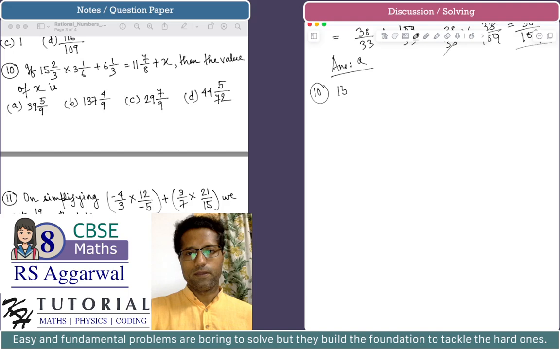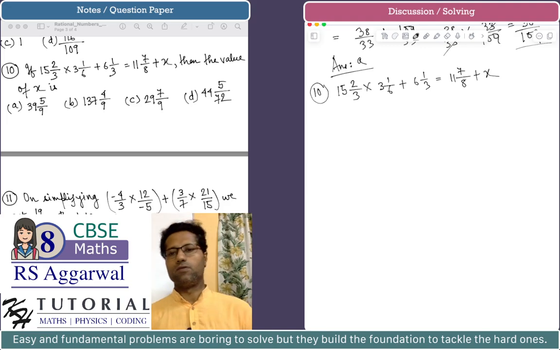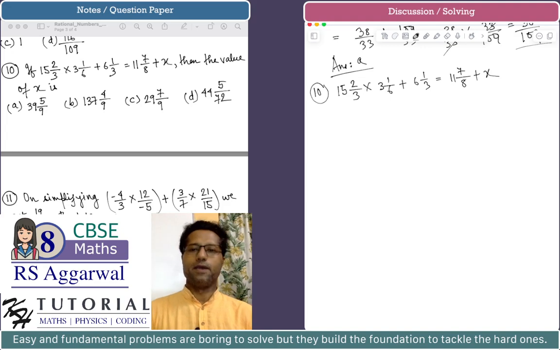We have 15 and 2 by 3 multiplied by 3 and 1 by 6 plus 6 and 1 by 3rd, 6 and 1 by 3 is equal to 11 and 7 by 8 plus x. Then find the value of x. This is a kind of linear equation in one variable x, but the terms are mixed fractions. So you have to convert.